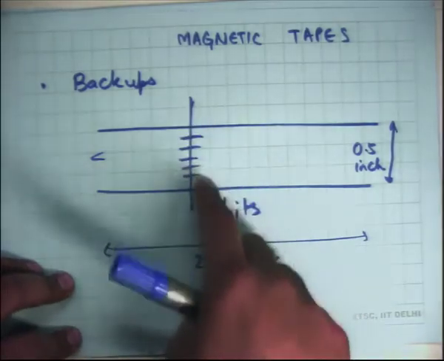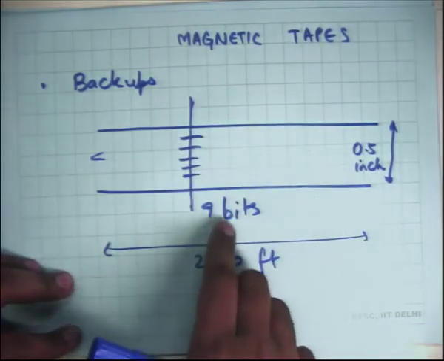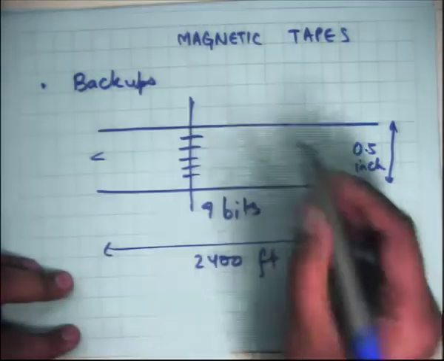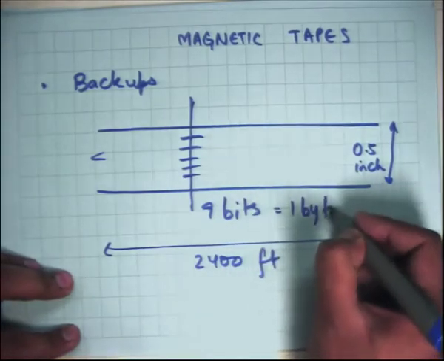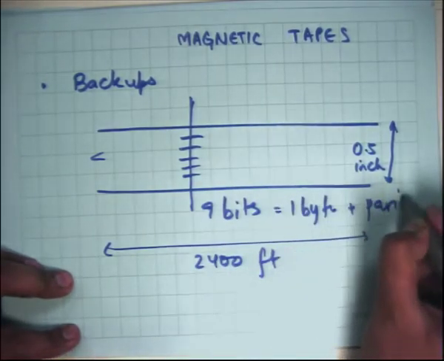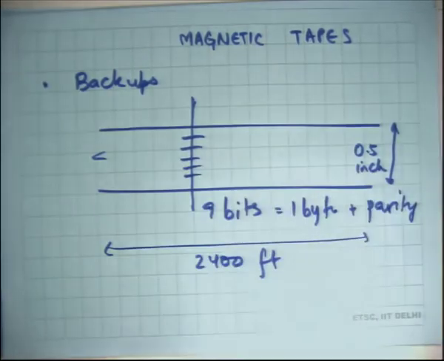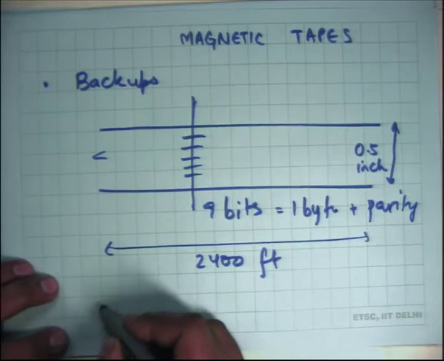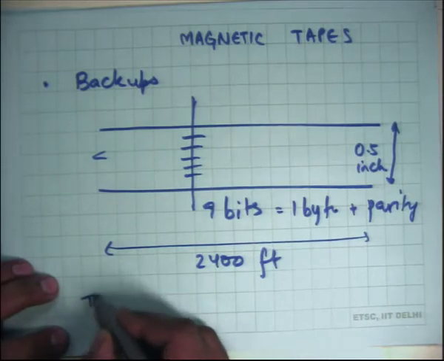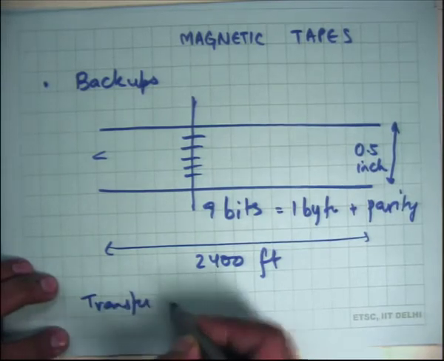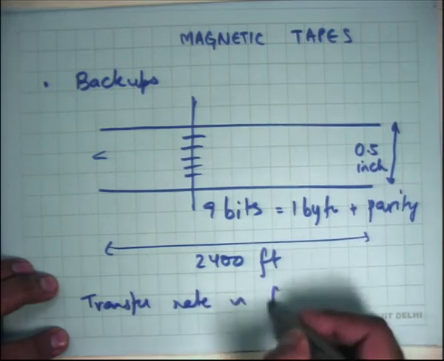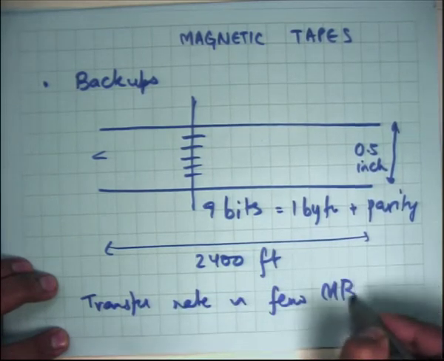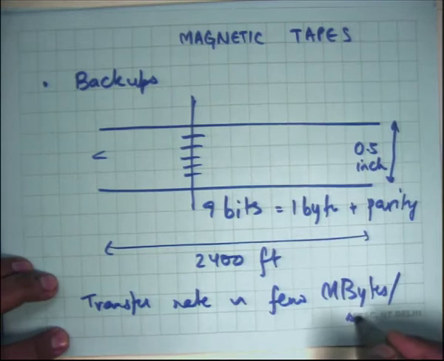Each cross section of a tape will have 9 bits, which means 1 byte plus parity. That's how it's typically used. For error detection, you have a parity bit, and the typical transfer rate is roughly a few megabytes per second.